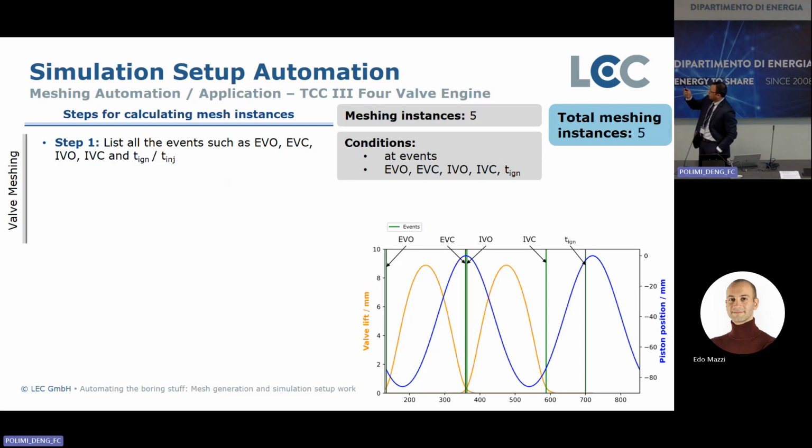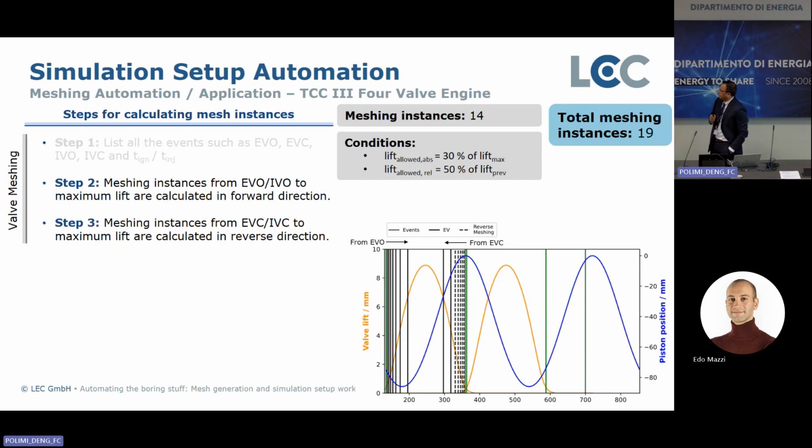When we see here, the first set of meshes that we get is quite easy. One at EVO, EVC, IVO, IVC, and let's say ignition timing is one. Then the next set of meshes are generated at these time steps where we have these conditions. The condition is that the valve should never move more than 30% of the maximum lift in absolute terms, and it should move at most 50% based on the last valve lift.